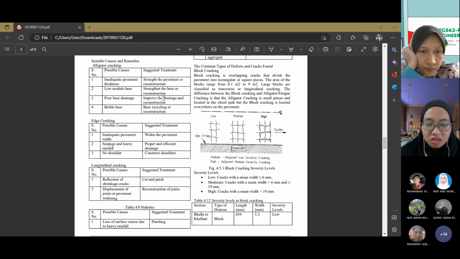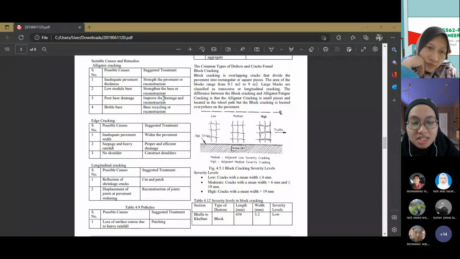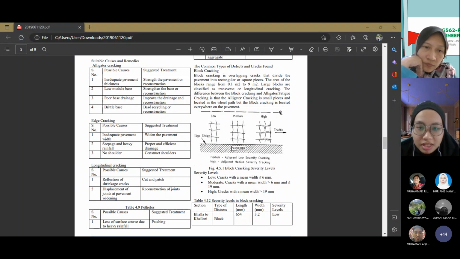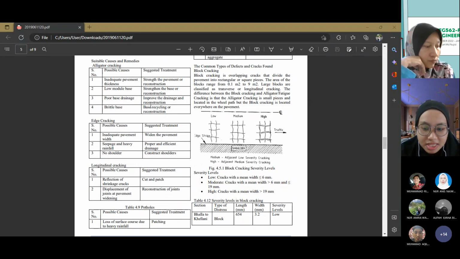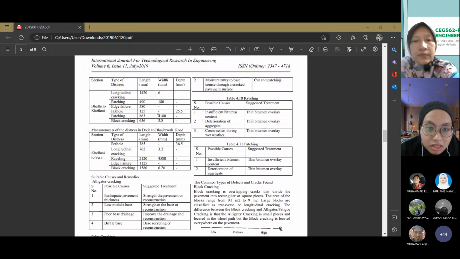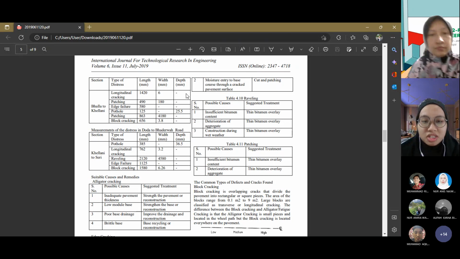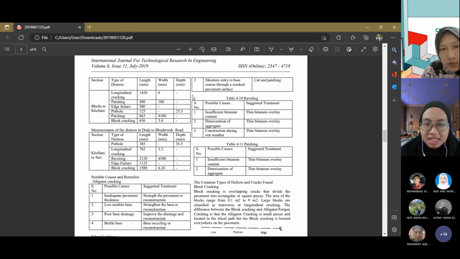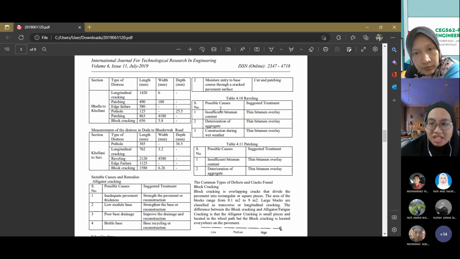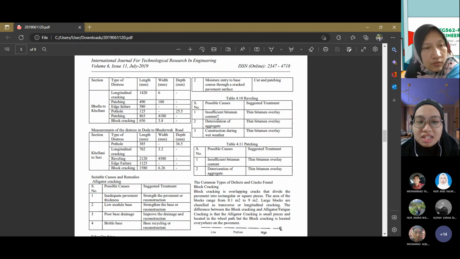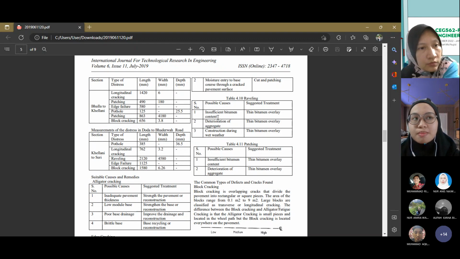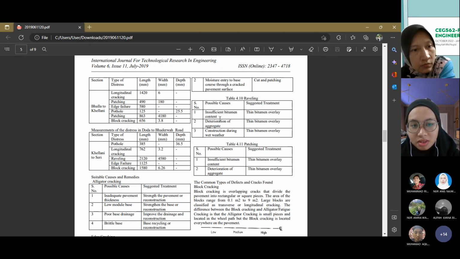The causes may be the loss of surface due to heavy rainfall, and the second one is moisture entry to the base through the cracked pavement surface. And there is another, raveling and patching failure. So for all of the failures that we have observed, we need to know the causes why the failure is there.